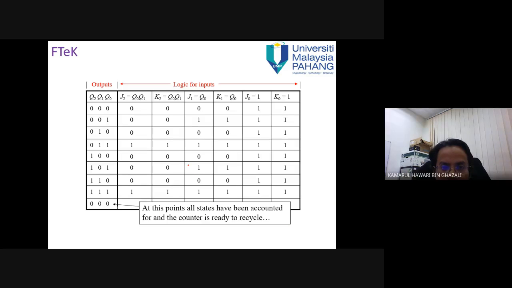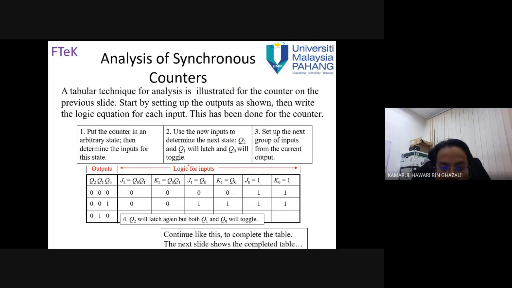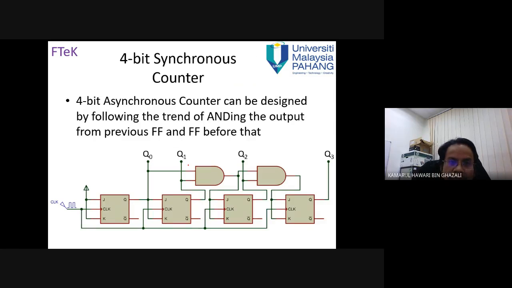So this is the analysis of synchronous counter. So next, 4-bit synchronous counter. A 4-bit synchronous counter can be designed by following the trend of ANDing the output from the previous flip-flop and the flip-flop before that.